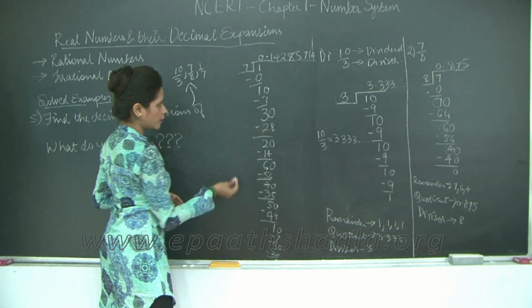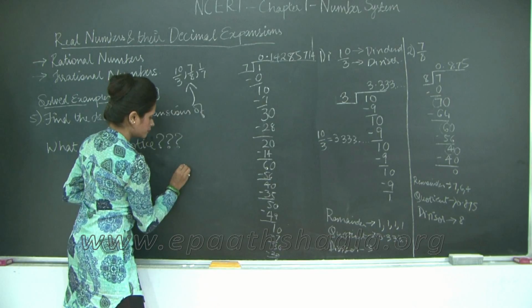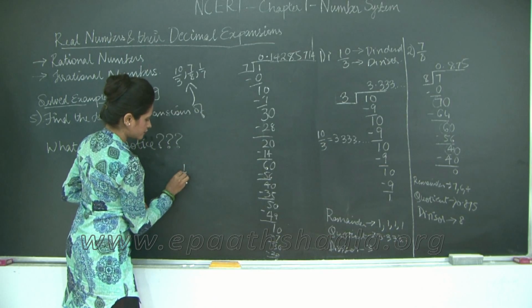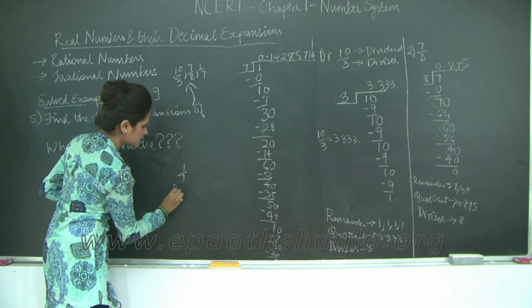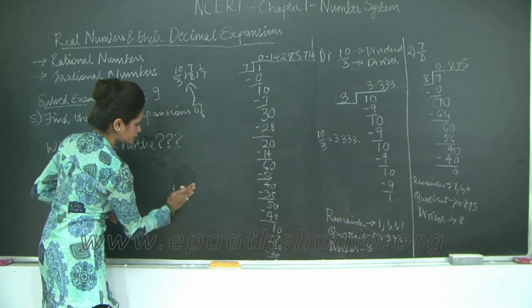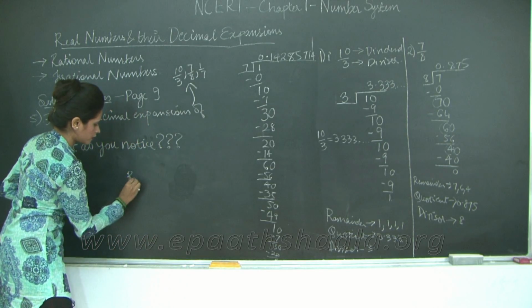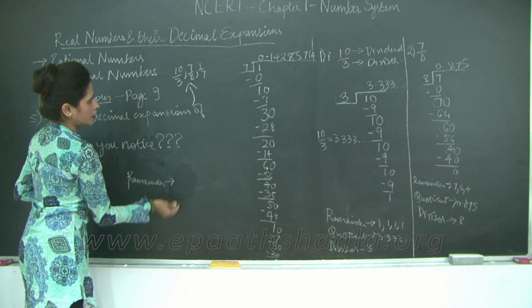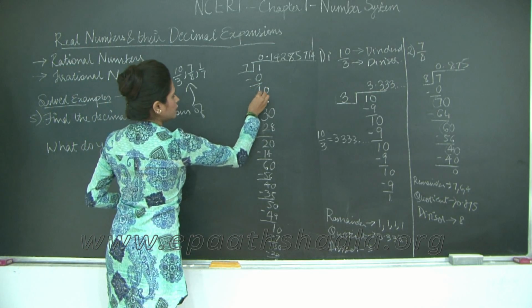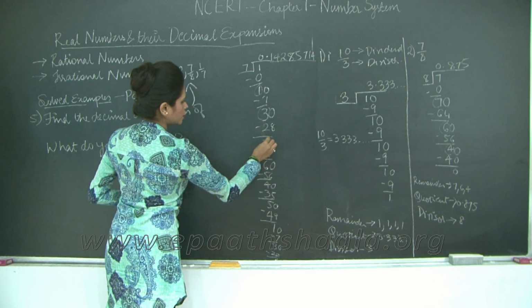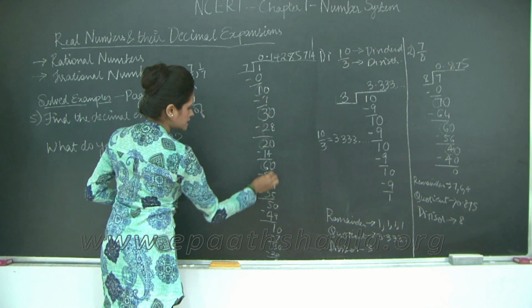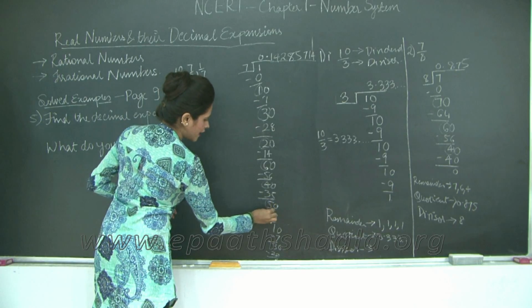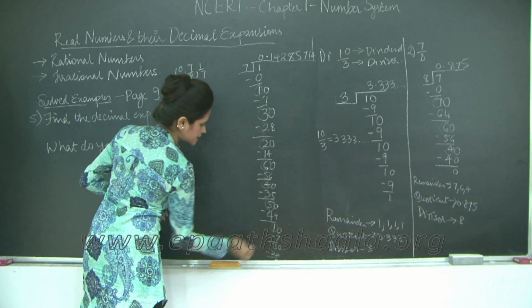So here for 1 upon 7, what do I have? My remainder sequence is 1, 3, 2, 6, 4, 5. Again the same thing.